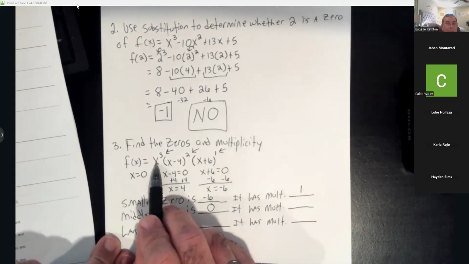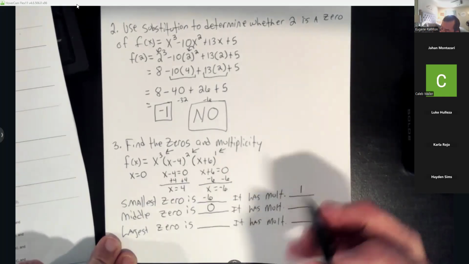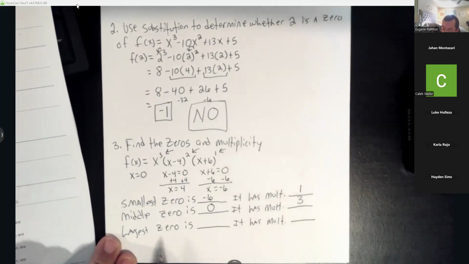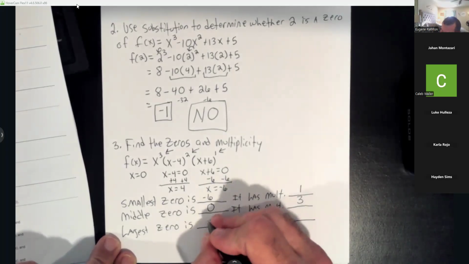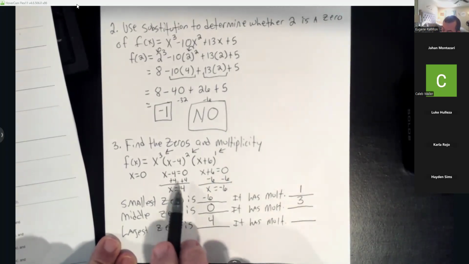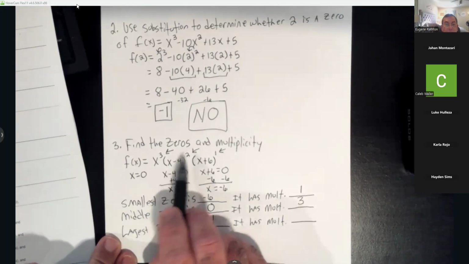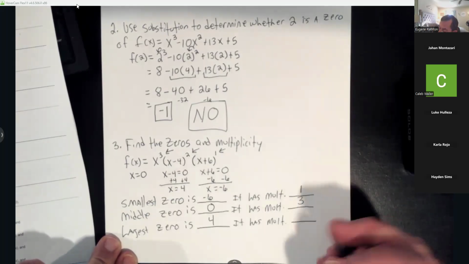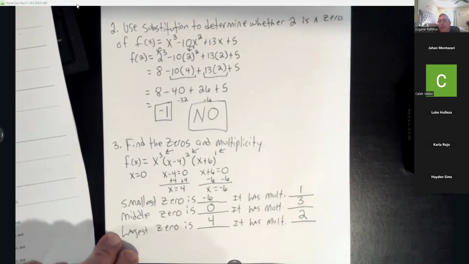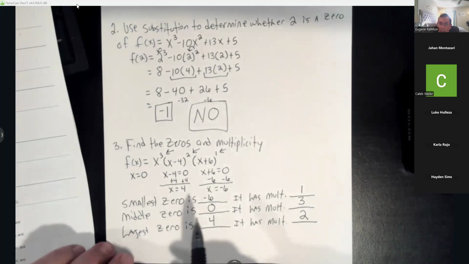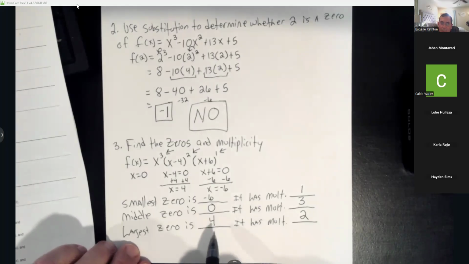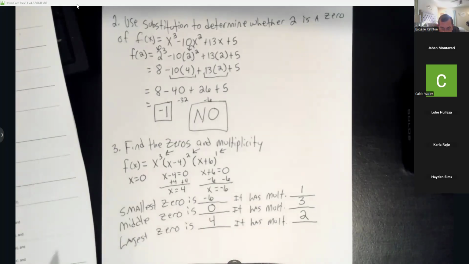So the 0 came from this factor that had a multiplicity of 3. And y'all, my largest zero is going to be the positive 4. And positive 4 came from this factor, which had a multiplicity of 2. So, y'all, that's the trick on that one. You're going to get 1 negative, 1 0, and 1 positive number on those, okay?